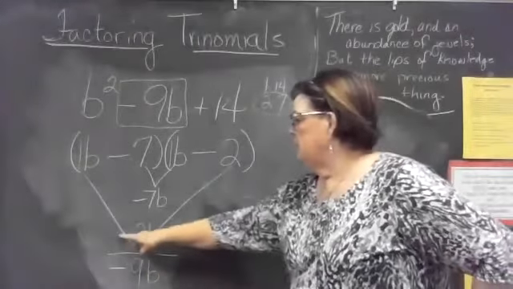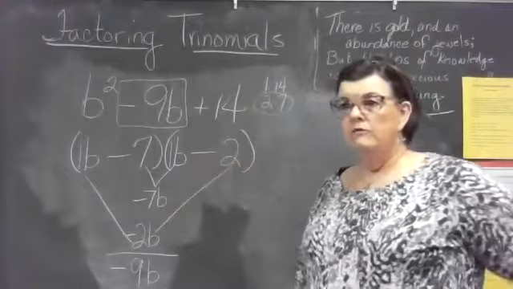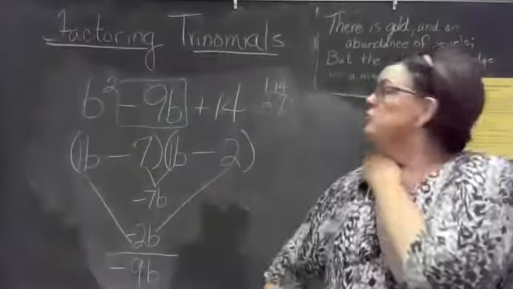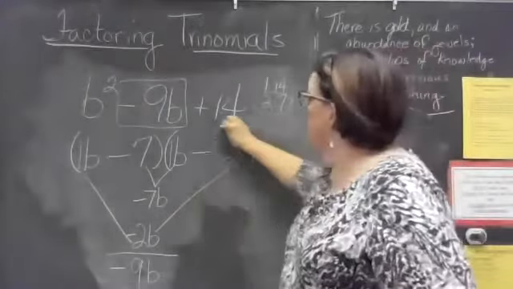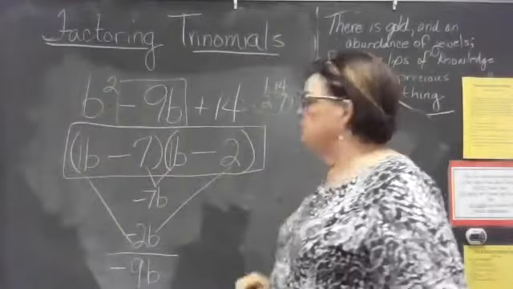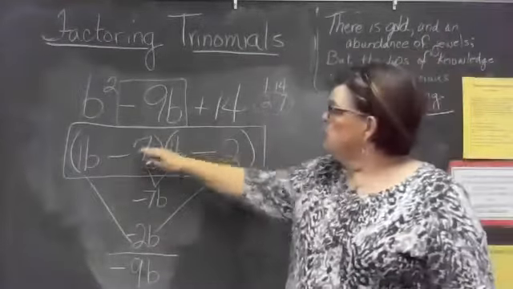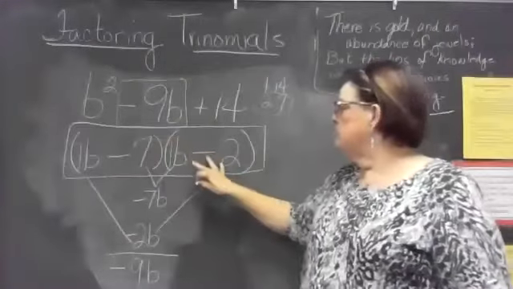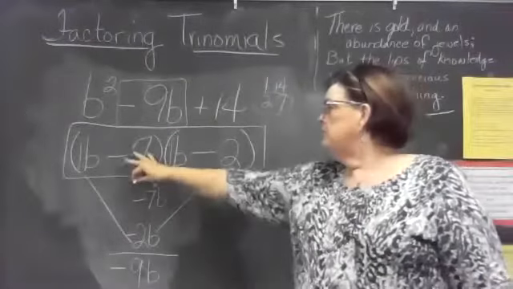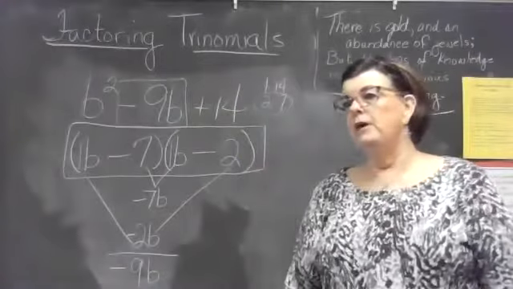Because we decided the negative goes on the 2, so the negative goes on the 2. I just brought it up into the problem. Again, there's an awful lot of work that goes into this, and so you need to know which one is your actual answer. And this is your actual answer. 2 factors, a binomial times a binomial that will give you this trinomial if you multiply it back together.